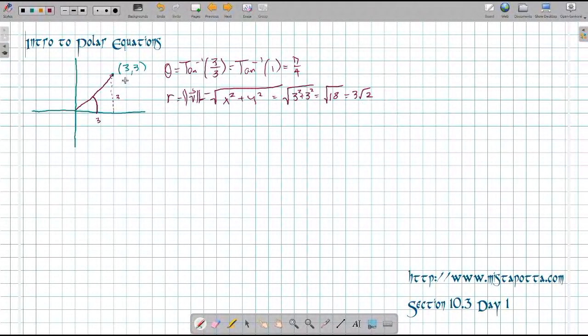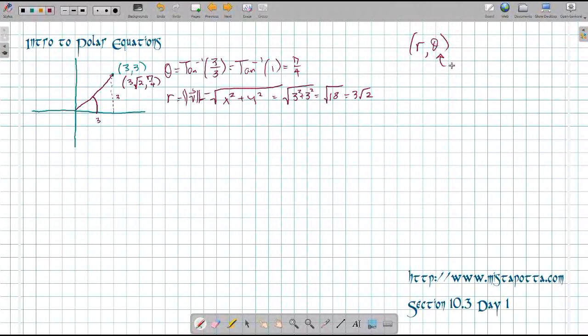And so in polar coordinates, I could call this the point (3 radical 2, pi over 4).